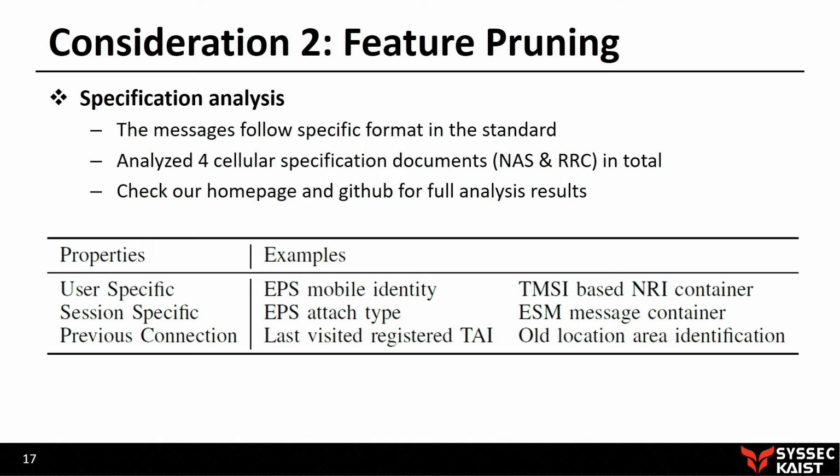Those include user identities, which surely vary by different users, not different device models. To find those features, we analyzed 4 cellular specification documents in total. As a result of the specification analysis and intramodal analysis, we could build a filter and generate the proper device model fingerprint.